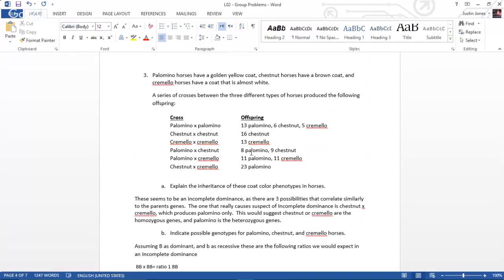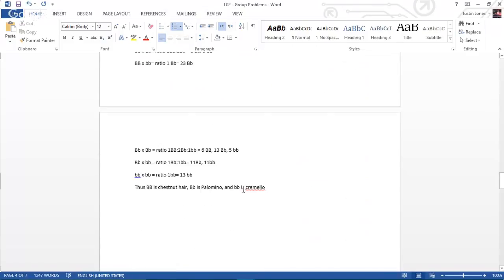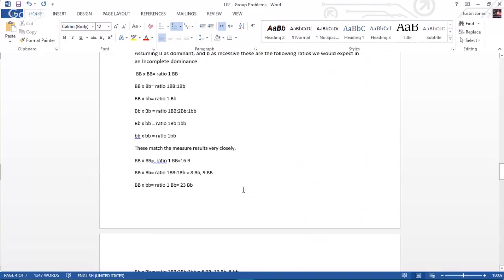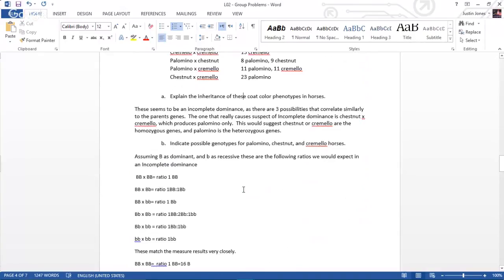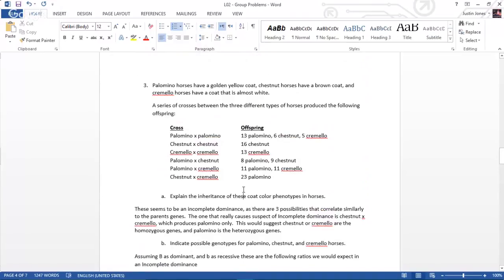Actually, now that I'm looking at it, I know I had the brown coat as earlier, but I actually don't think I can be able to tell for certain which one is actually the dominant. Because I'm looking at this again, and you see it may actually be the white that's dominant.